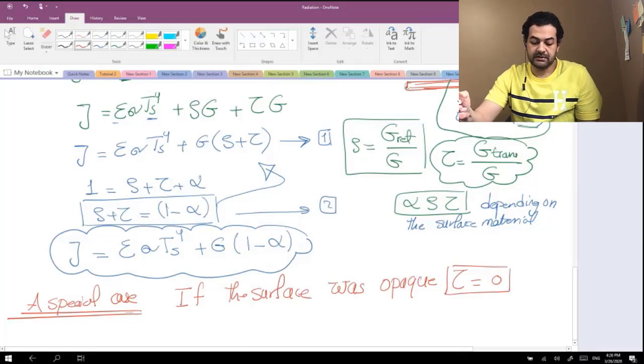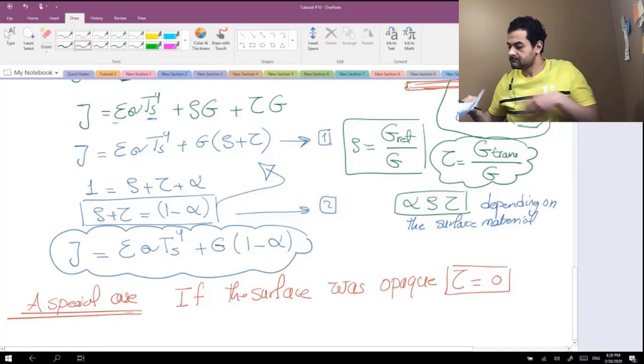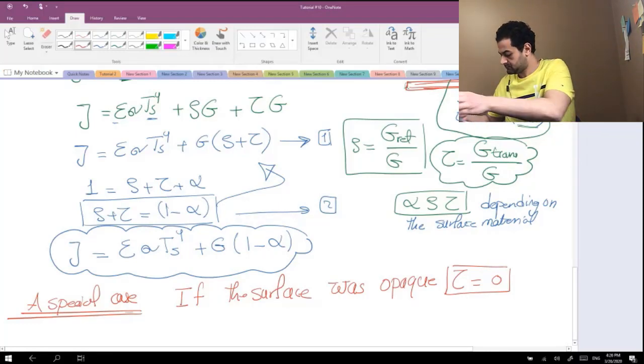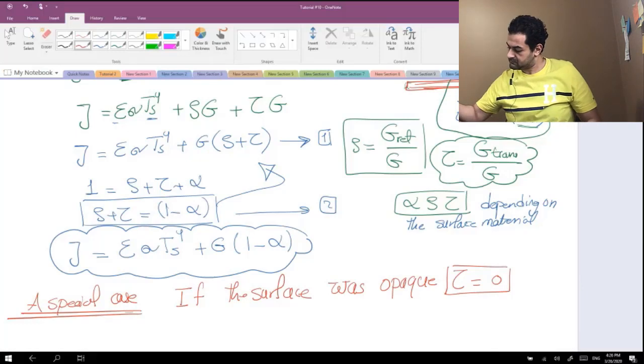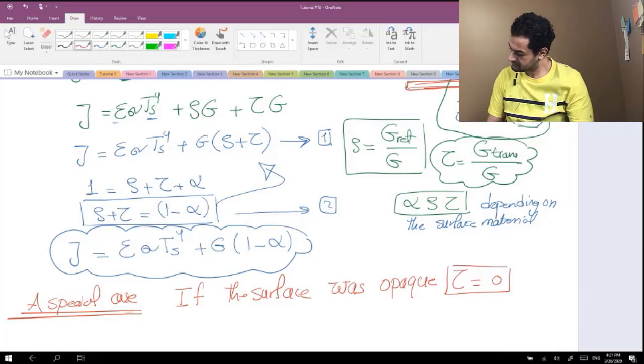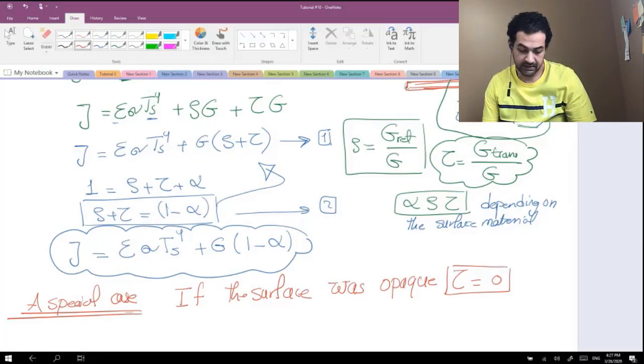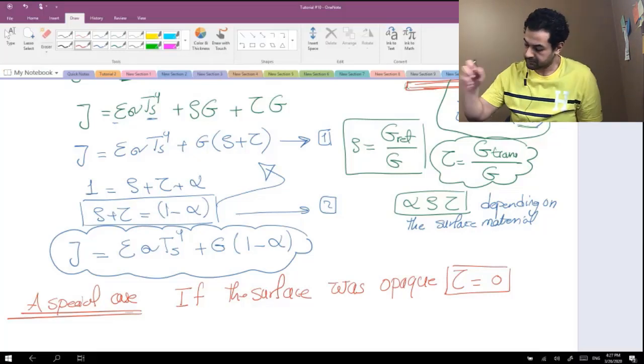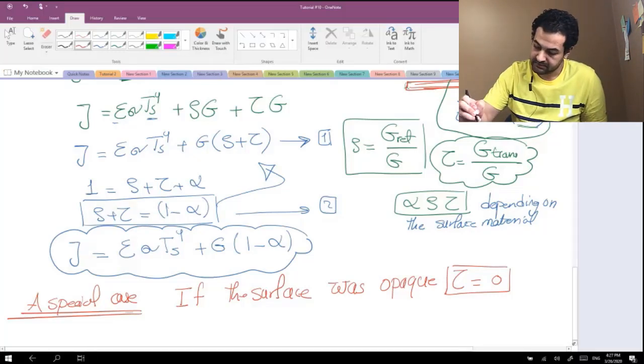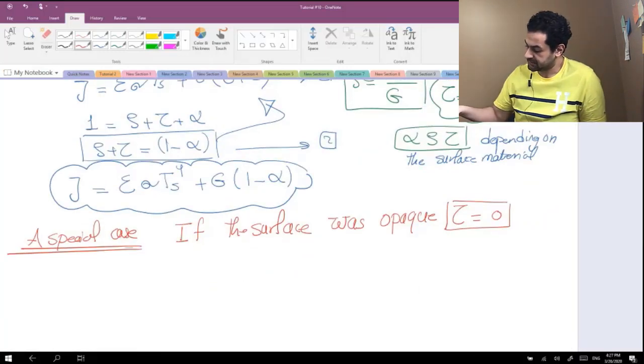All right. So tau is going to be 0 here. So it's going to be exactly the same case.